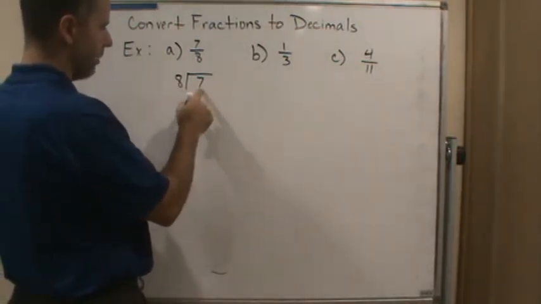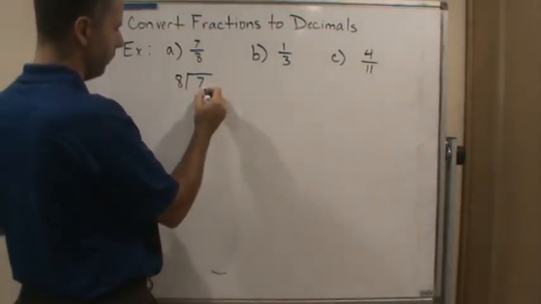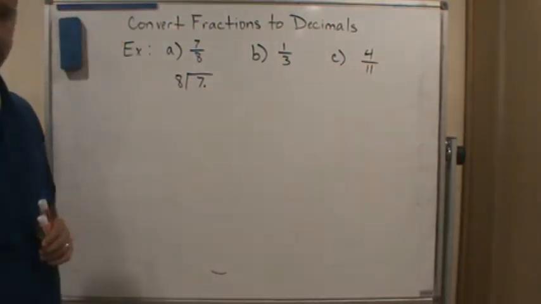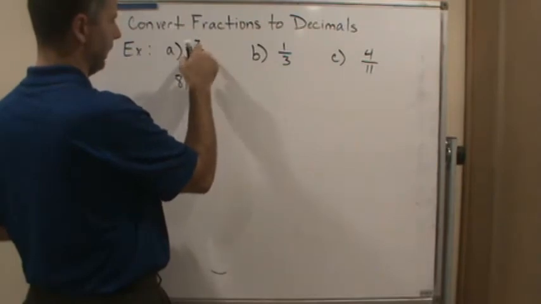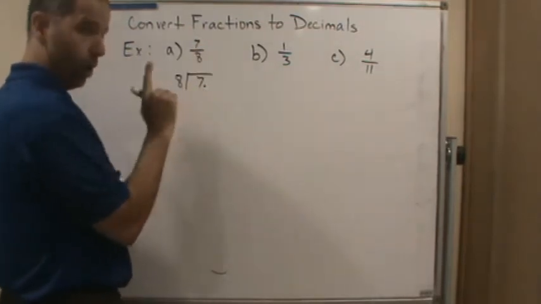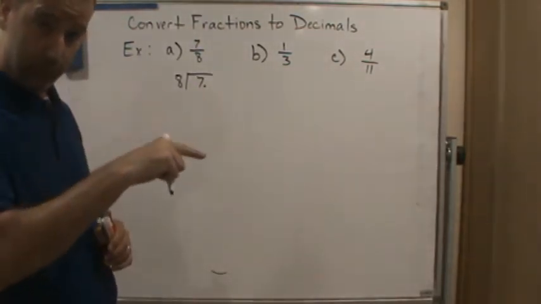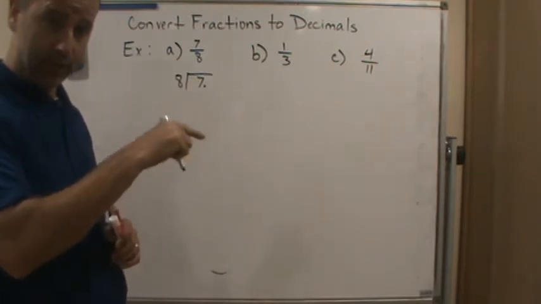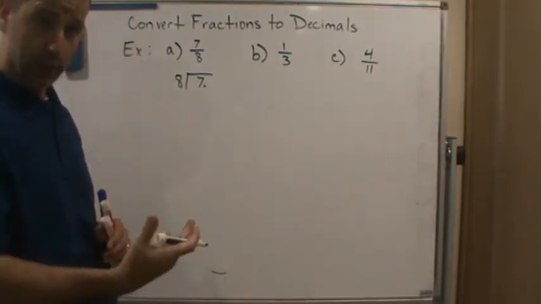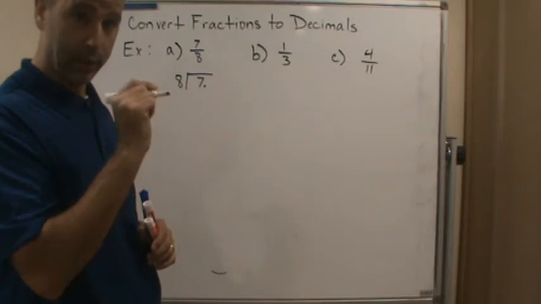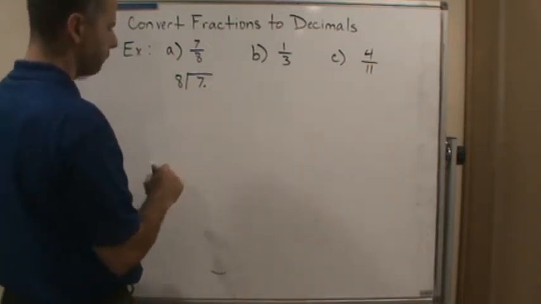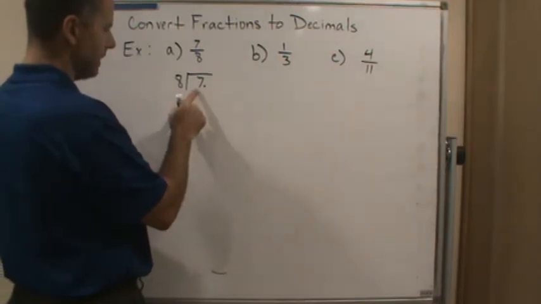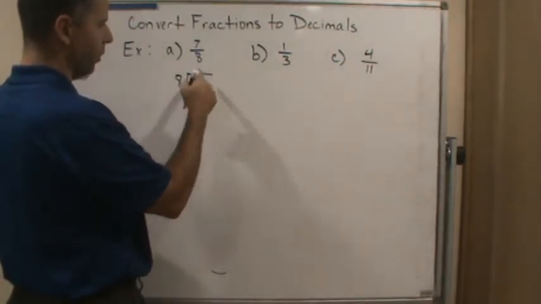So 8 doesn't go into 7, but this is where I put the decimal point. This is why they tell you to put the decimal point in the numerator. But always remember from the previous videos that if you have a whole number, there's always assumed to be a decimal point at the end. So you put the decimal point here, and since 8 doesn't go into 7, we have to go to the next place value.